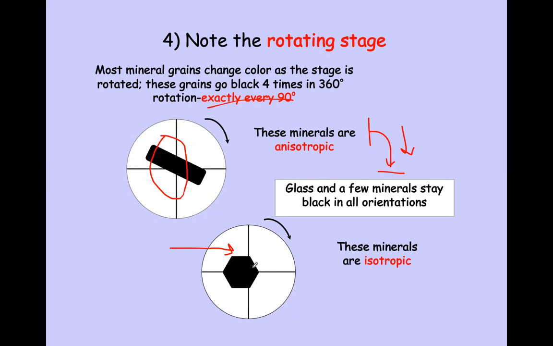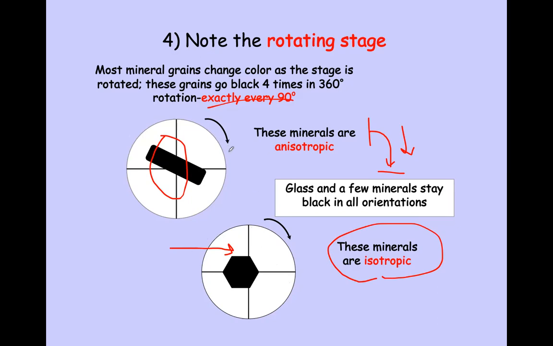When you rotate the stage, if the mineral always stays black, that means that mineral cannot reorient the light. Those which cannot reorient the light, we call isotropic minerals. That means they remain dark always when you rotate the stage.